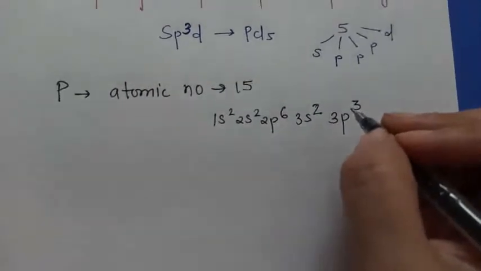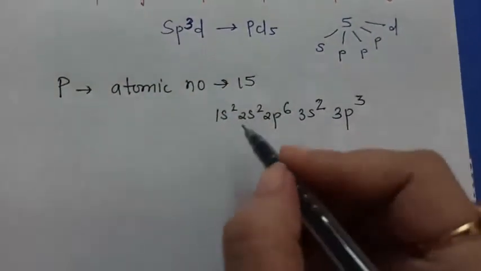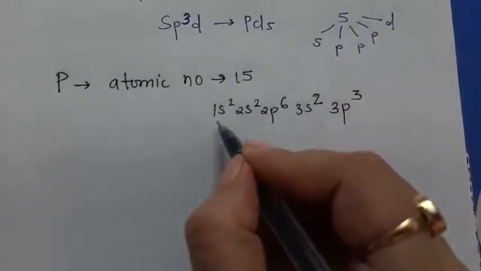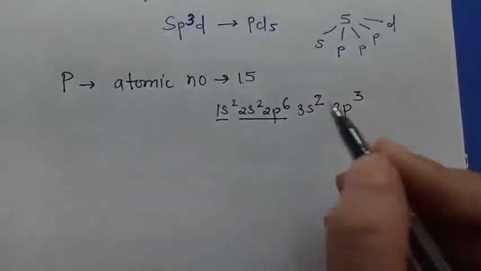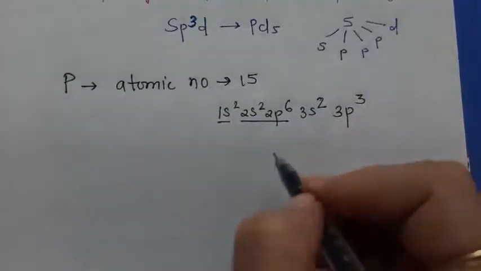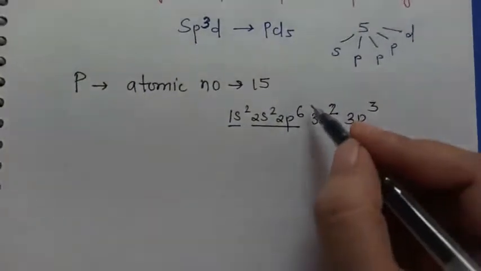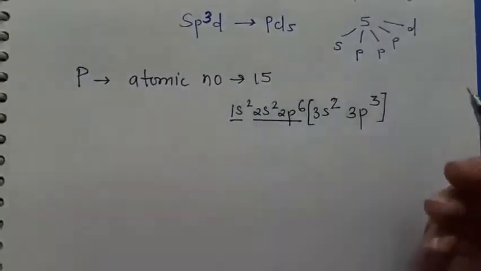Now, as I already told you in the previous videos, if you have gone through, according to the Aufbau principle, this is K shell, this is L shell. All the shells which are filled, we cannot involve them in the bonding. So we take only the last level, that is 3s2, 3p3.